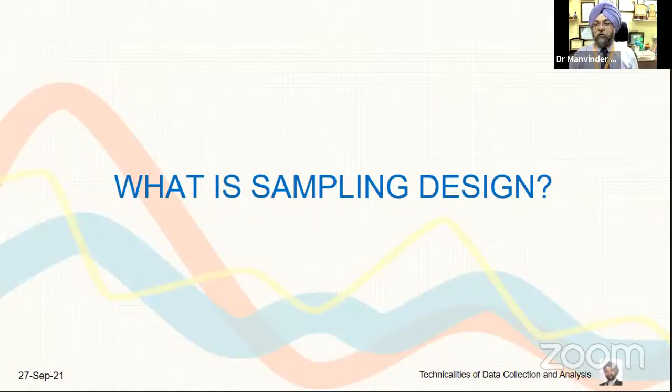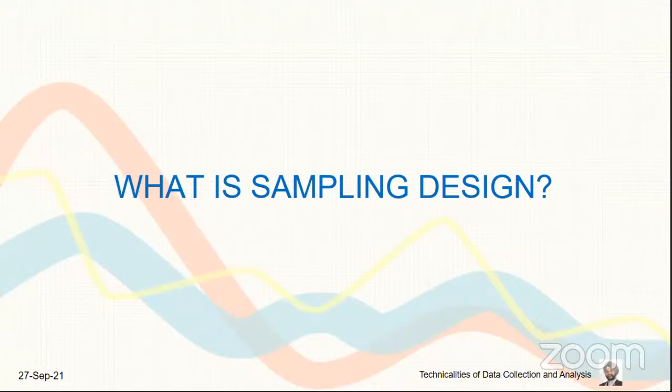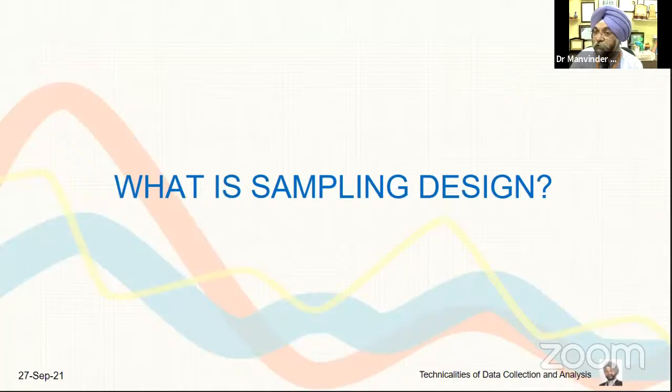Right? So sampling design refers to the process of selecting samples from a population. I have already told you there are two types of sampling designs. One is probability sampling design, and the other is non-probability sampling design. Probability sampling designs are used for conclusive research, when we want to conclude something.